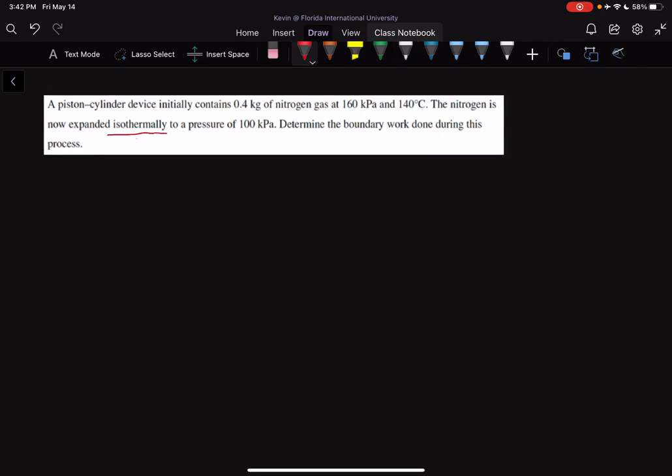Isothermally means that temperature does not change. And if temperature does not change, we have a new type of system and we know the final temperature as well. So we can also make an assumption here.